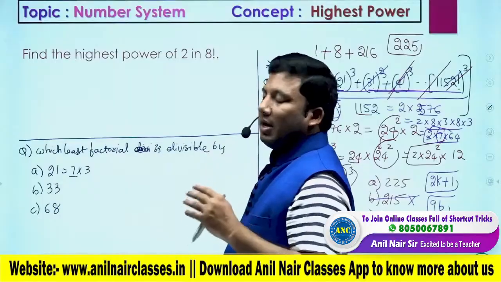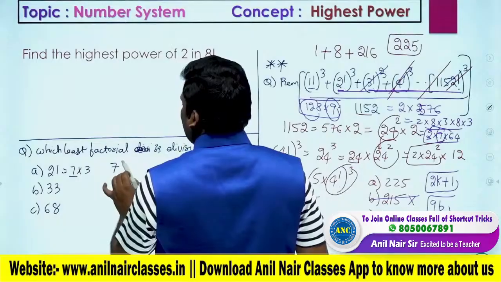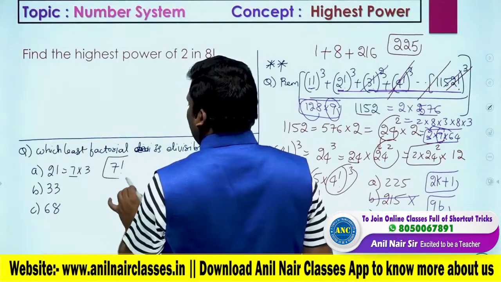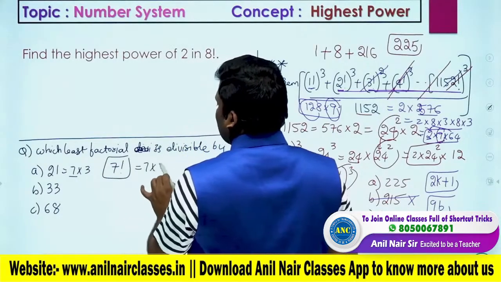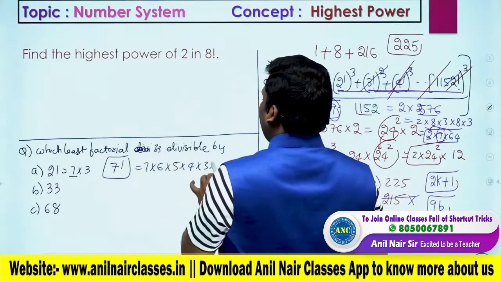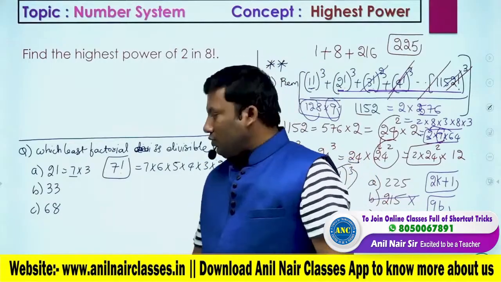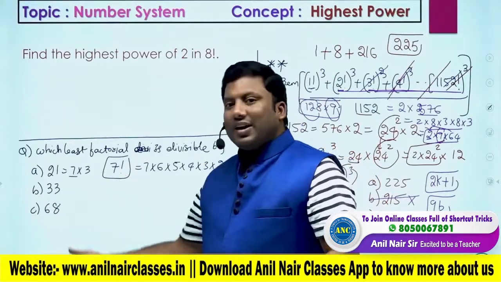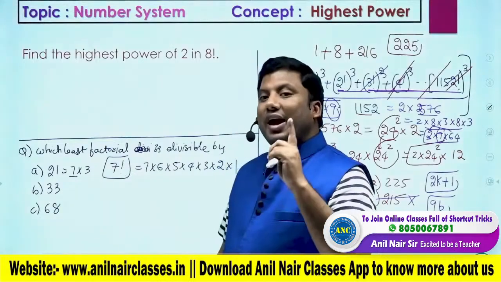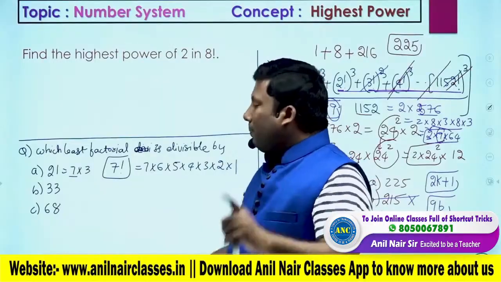Or what is the minimum power of 7? 7 power 1 I should get, and I will get it in 7 factorial. 7 factorial is 7 into 6 into 5 into 4 into 3 into 2 into 1. So 7 factorial contains 1 power of 7 and 1 power of 3. What is the factorial that will have 1 power of 7? That is 7 factorial.